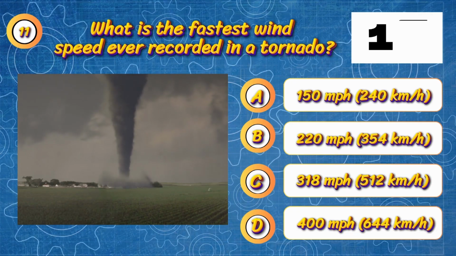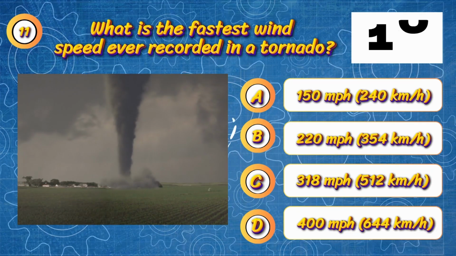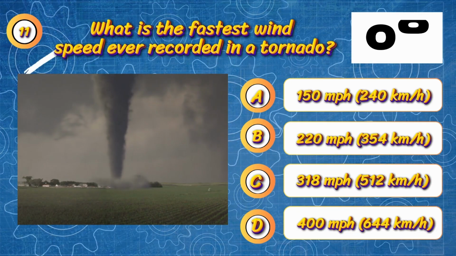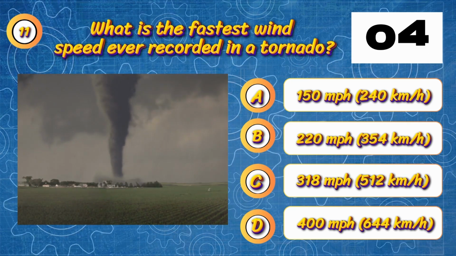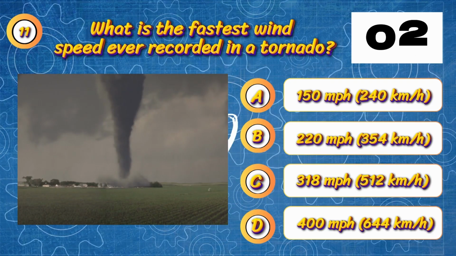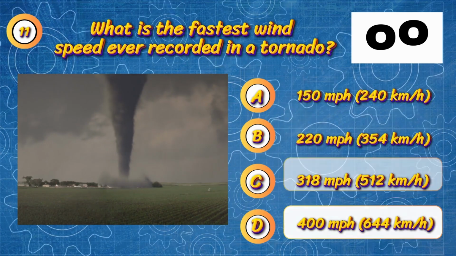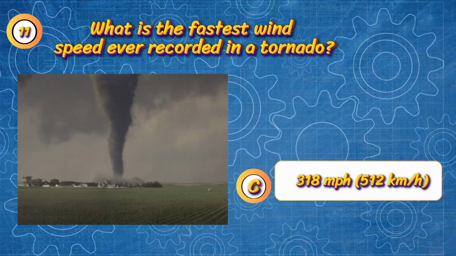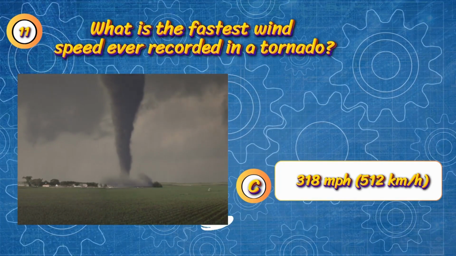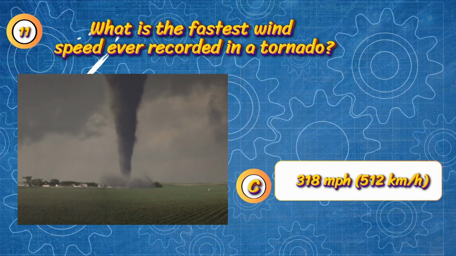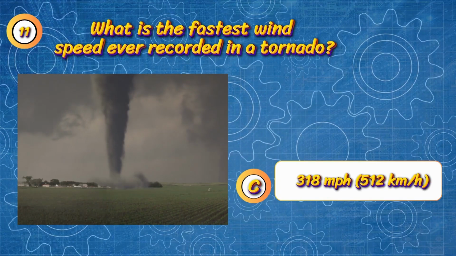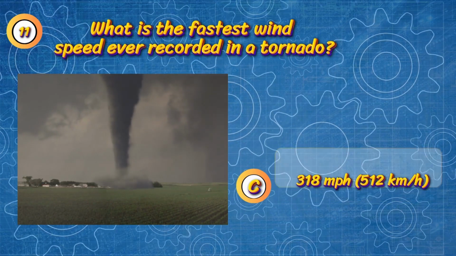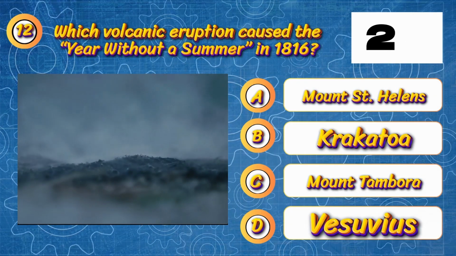D. 400 miles per hour, 644 kilometers per hour. Answer. C. 318 miles per hour, 512 kilometers per hour. The highest wind speed ever recorded in a tornado was 318 miles per hour in Oklahoma, 1999.